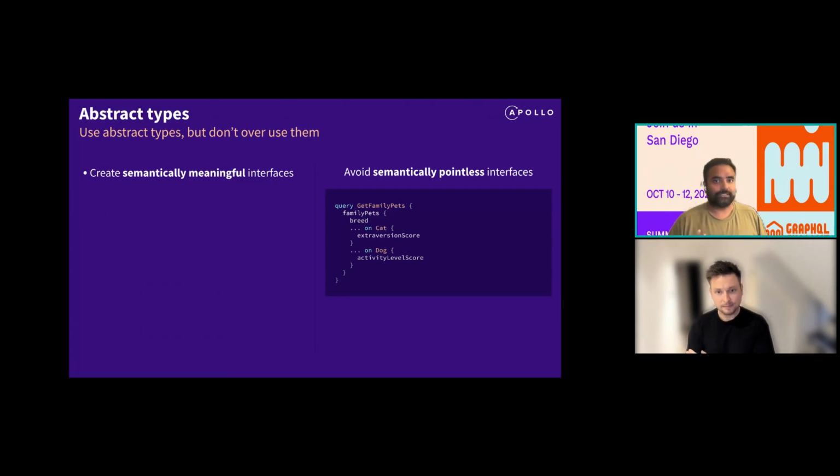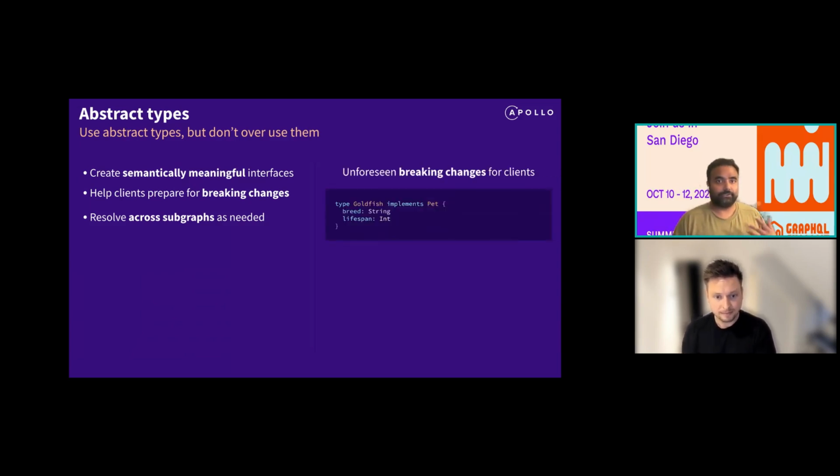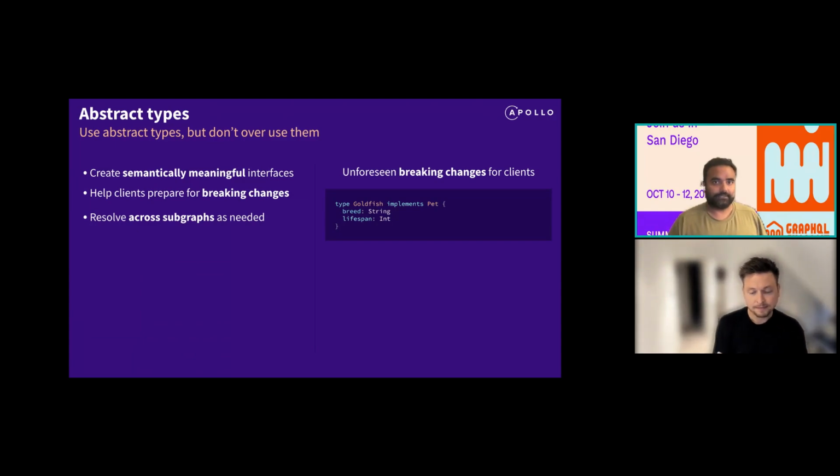So we could subtly introduce a breaking change for our clients if they have not updated their queries to account for this new interface type. So in order to actually make this resolvable, we would have to add an additional fragment spread for goldfish and then include any of the fields that are specific to them. So this can introduce subtle breaking changes to your clients.